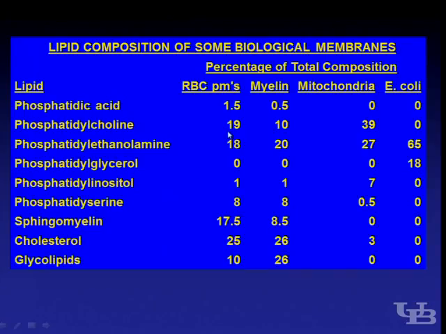So the main thing here is to appreciate the fact that when you look at the membrane composition of different cells, or different membranes within a cell, it's not one flavor. When you look at the mitochondrial membrane, you've got a lot of phosphatidylcholine and ethanolamine in it.